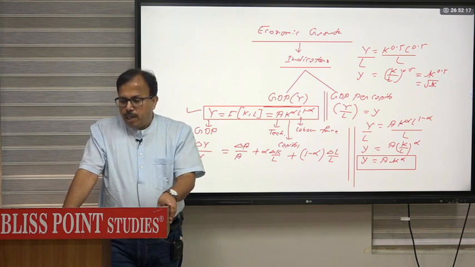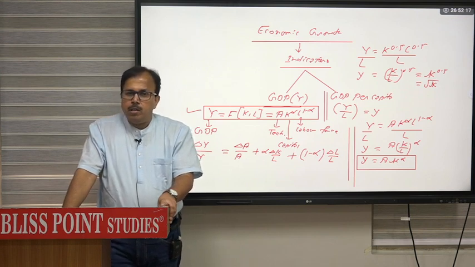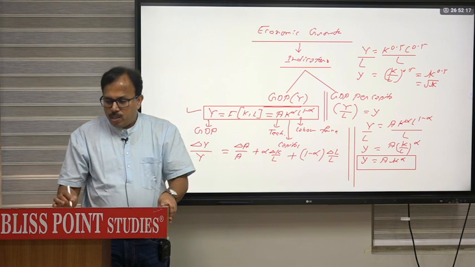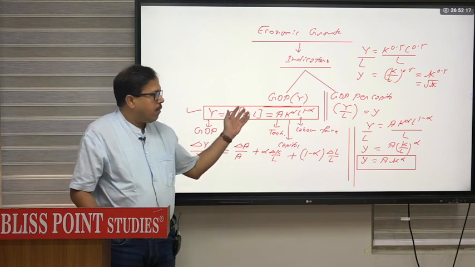That means if k is 100, then output will be 10. If k is 200, then output will not double, diminishing returns. So first we have to write down this equation, then we will explain this part.